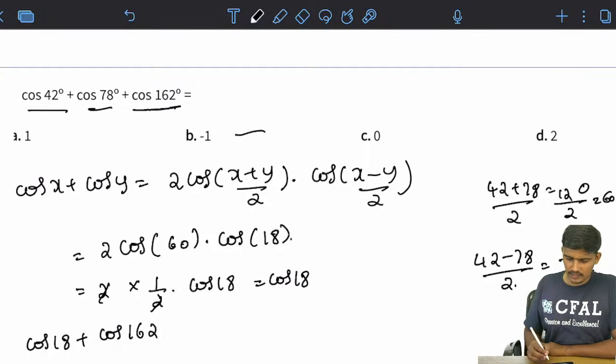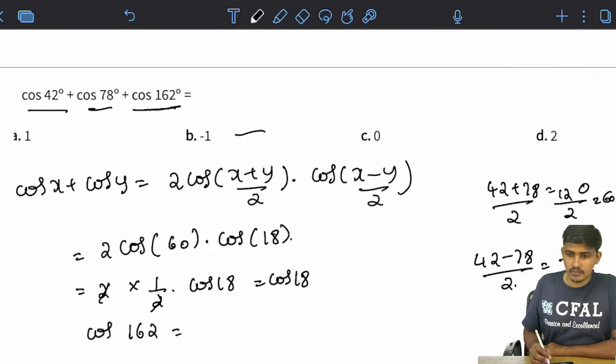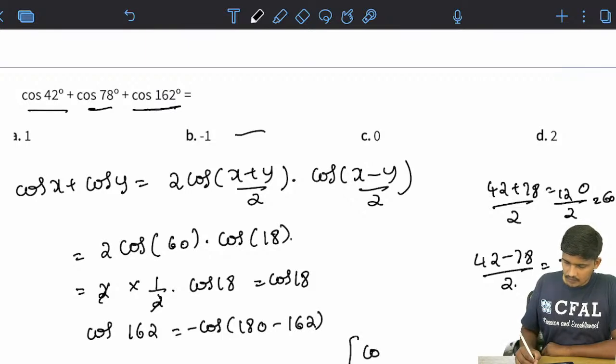We have a very simple thing here. Cos 162 is equal to cos of 180 minus 18. Why is this happening? Because cos of 180 minus theta is equal to minus cos theta, right?